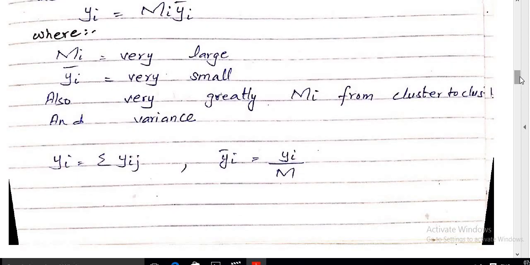Therefore y is equal to the sum of yij, and yi bar is equal to the sum of yi divided by n, the sum of the elements in the ith cluster.